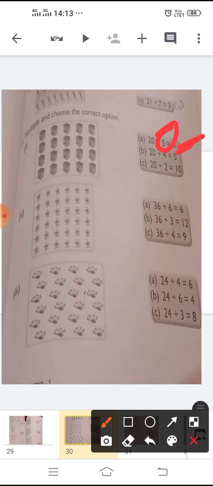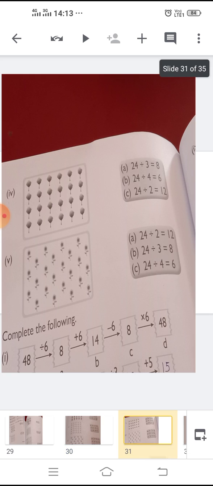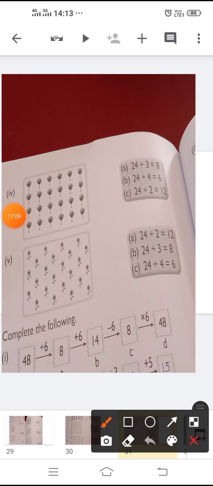Next two parts you will do on your own, and if you turn your page, these two parts also you will do on your own. Okay, in this last I am telling you once again, 24 flowers are there.